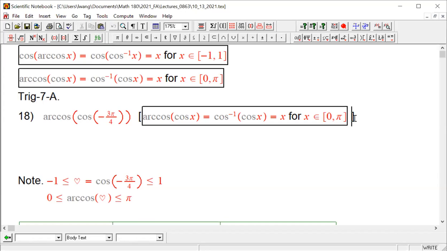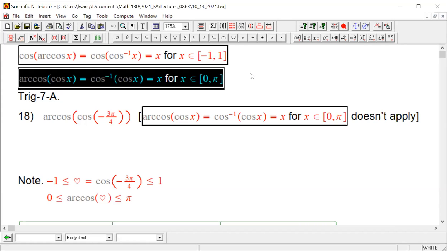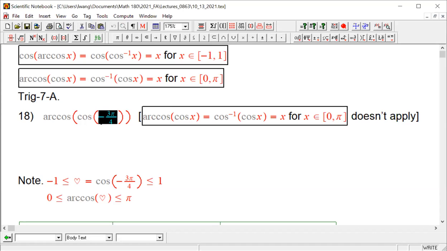It doesn't apply. You follow me? If you're thinking of using the properties here, it doesn't apply because -3 pi over 4 is not in the specified interval.